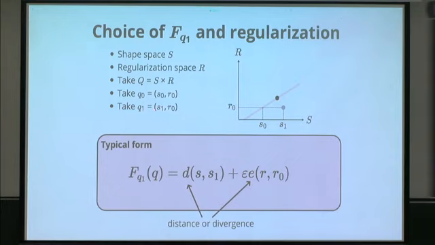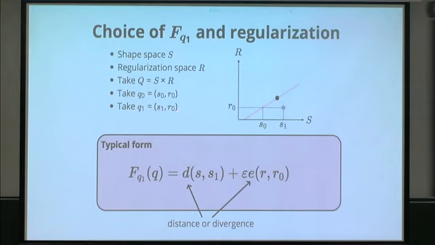And then we take Q naught to be S naught, that's our template shape. And then some sort of regularization template, which I call R naught, right? And then Q1 is a different S1, that's the other shape, but it's the same R naught. So maybe you see what will happen here.